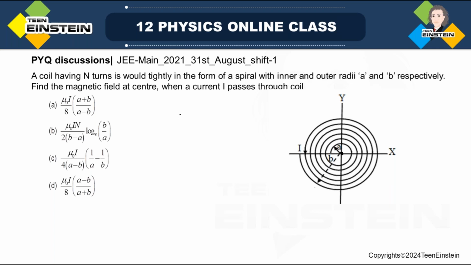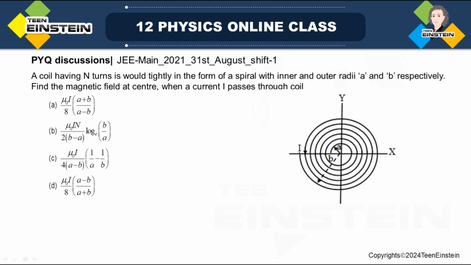We know magnetic field for a circular coil, right? We don't know for a spiral, but we know for a circular coil.